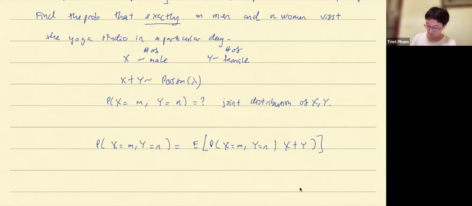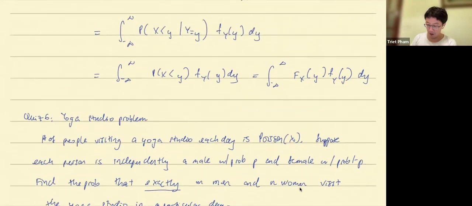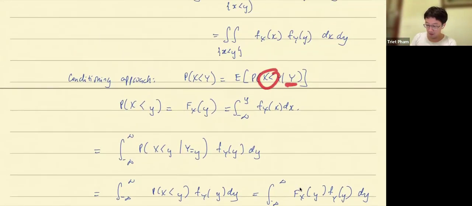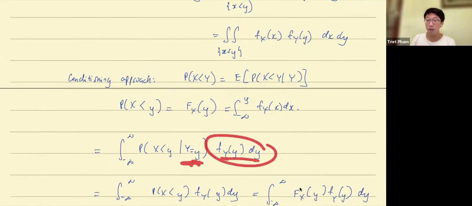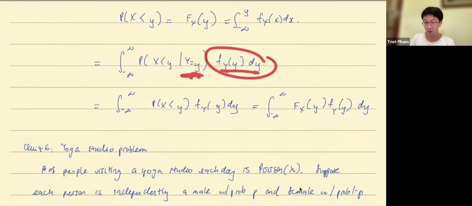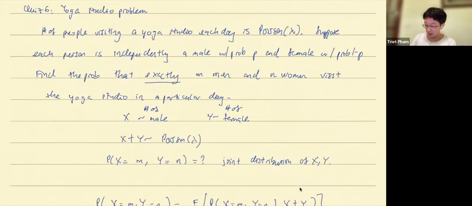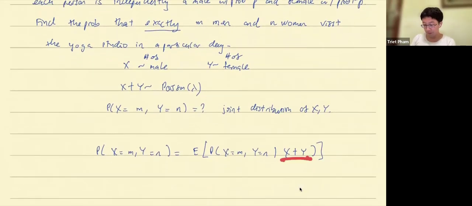Now it's so similar to before. When you condition on something, you just have to break down that something into the cases. Here, for a continuous random variable, each case represents a value it can take, multiplied with the density, the likelihood that it takes on those values. So here we condition on the sum.